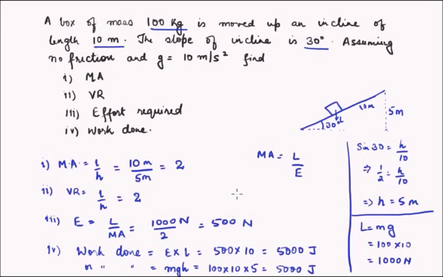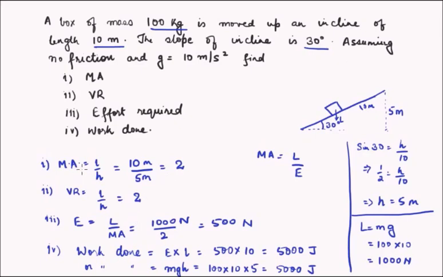So to sum it up, we see that the angle decides how much effort is required. If the angle were further less, let's say make it 15 degree, then the effort required would have been furthermore reduced. Why so?